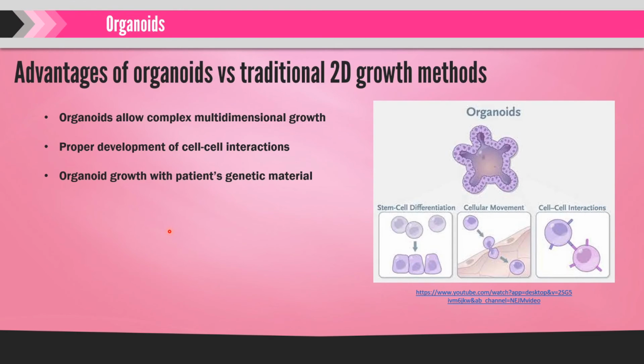Organoids, you can think of them as simulations of these organs that facilitate the multidimensional growth and the proper development of cell-to-cell interactions that you would see in a real human organ. Another benefit is that since we're growing them, we can grow them with patients' genetic material.